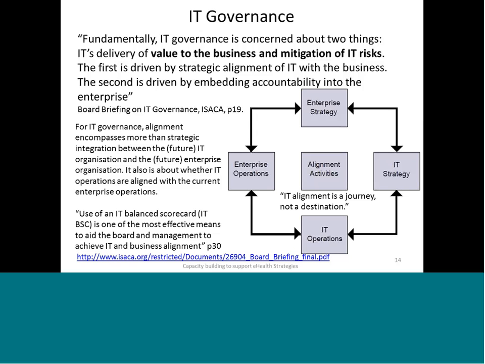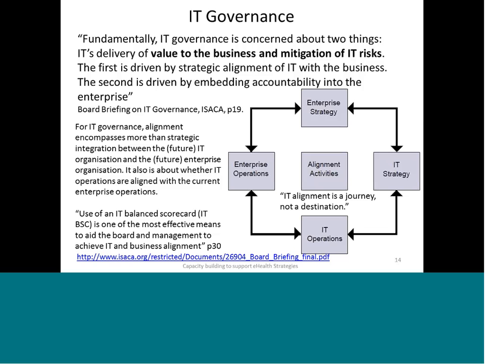So, as I've already alluded, alignment is more than just the strategic integration of IT and what the enterprise is trying to do in the longer term. It's also about how well that is aligned with what you're currently doing.